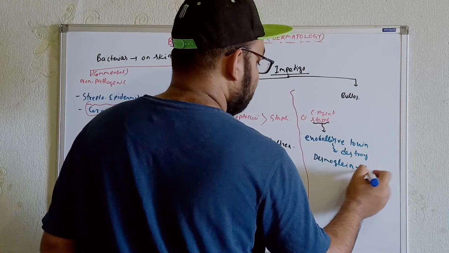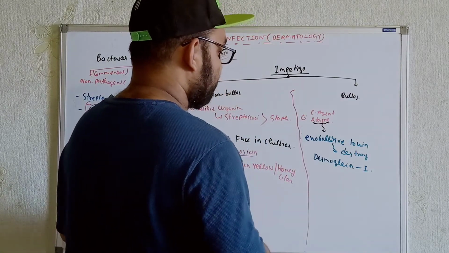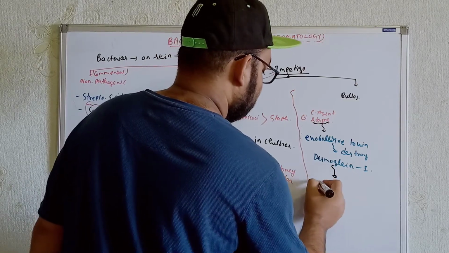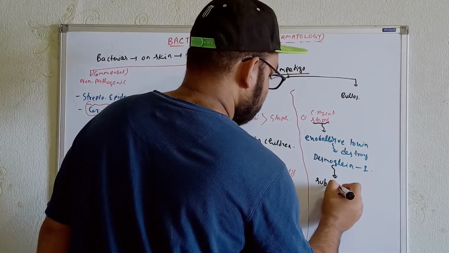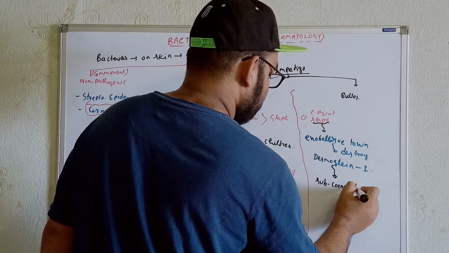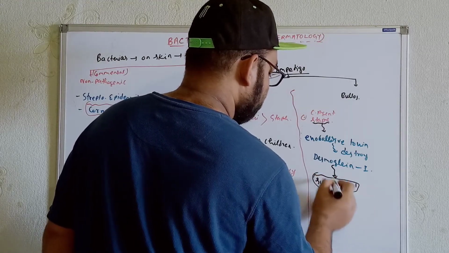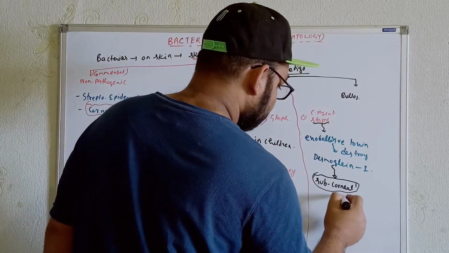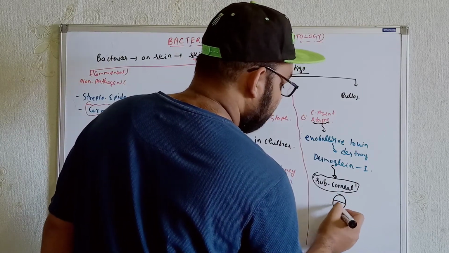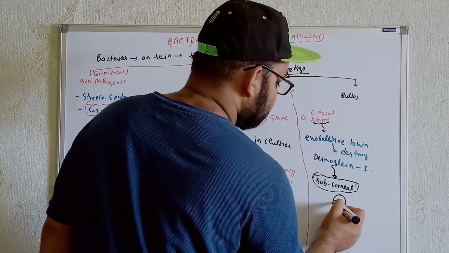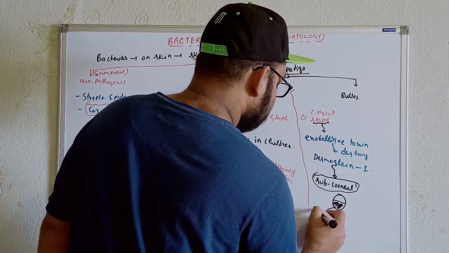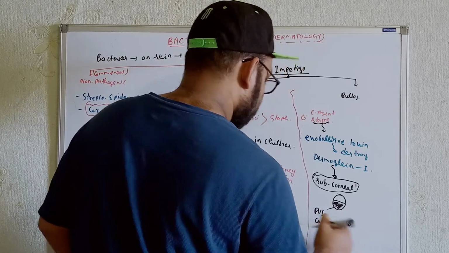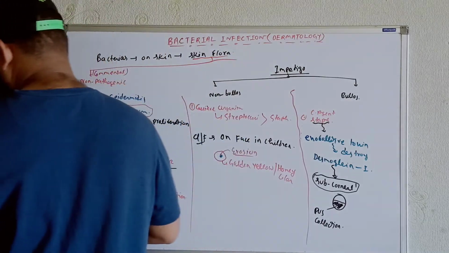And whenever desmoglein 1 is destroyed by the secretions of exfoliative toxins from the staph, here we'll get the problem in the subcorneal layer. Whatever lesions we see in these cases, half of these portions will get pus formation. So we'll get the pus collections over here.